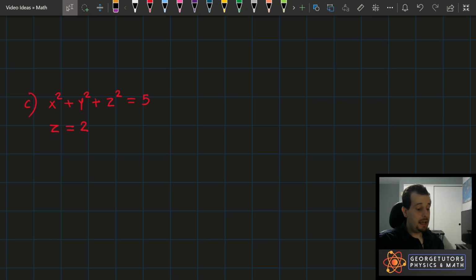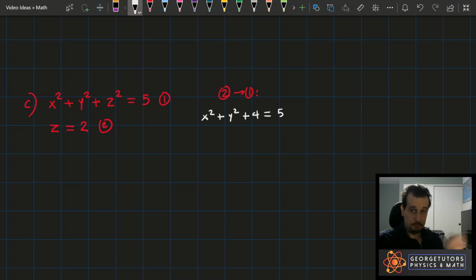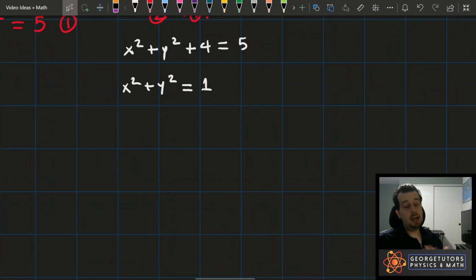If right now I actually go in and plug equation 2 into 1, what basically happens is we can actually work on the x and y independently through this equation. So we have x squared plus y squared equals, if we move the 4 to the other side, 1. And this is exactly a circular form, which we know how to deal with.